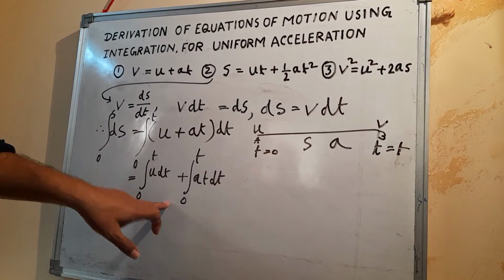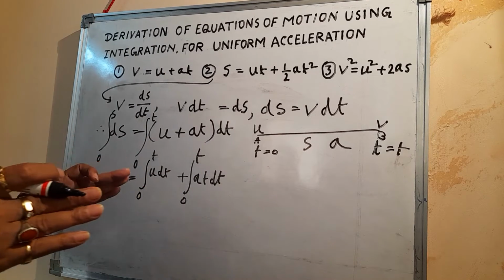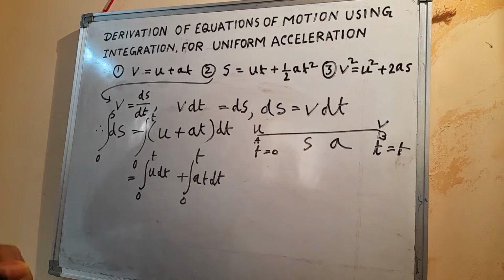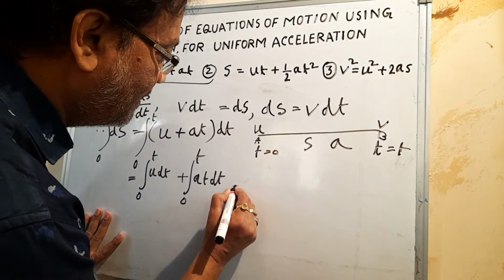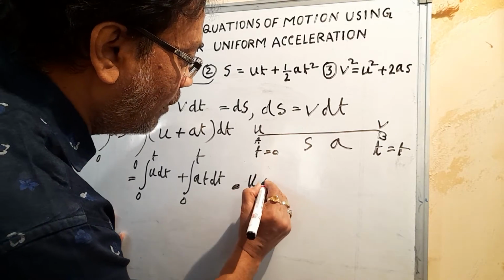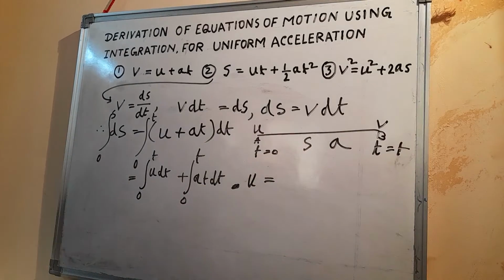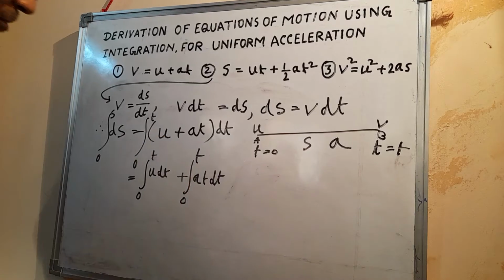Here u is the initial velocity, which is a constant. So u will remain constant because this is the initial velocity.